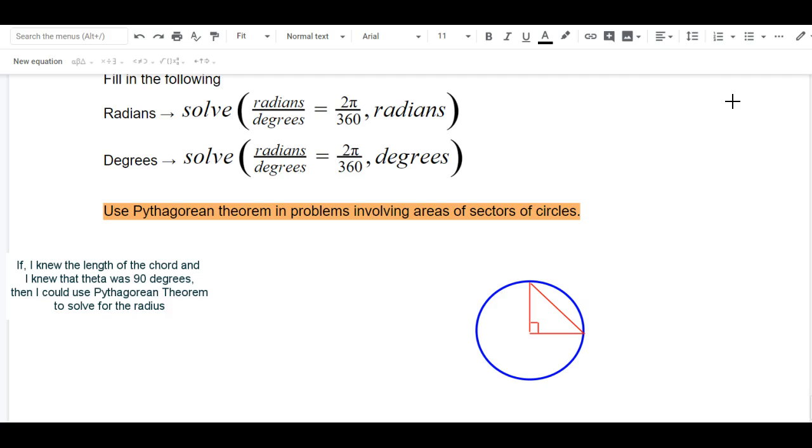So how would I do that? I would say the radius equals x.